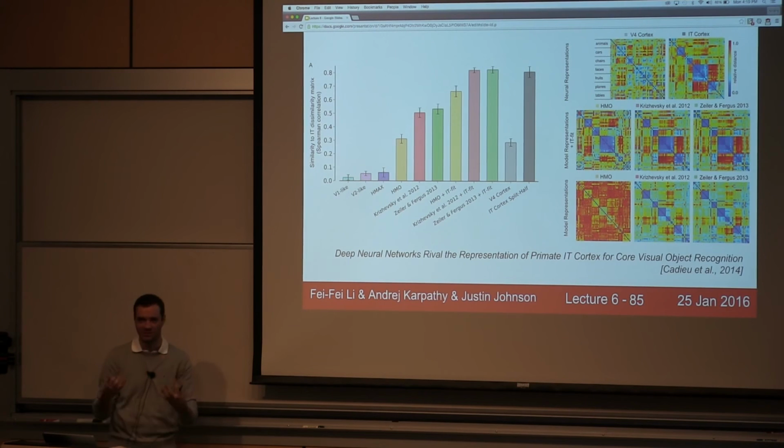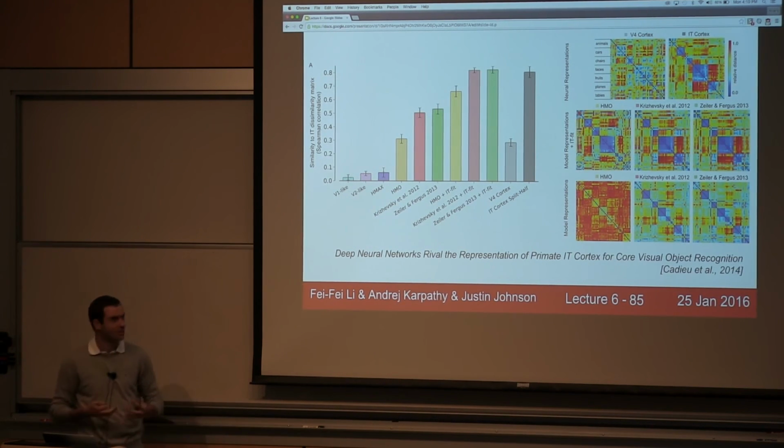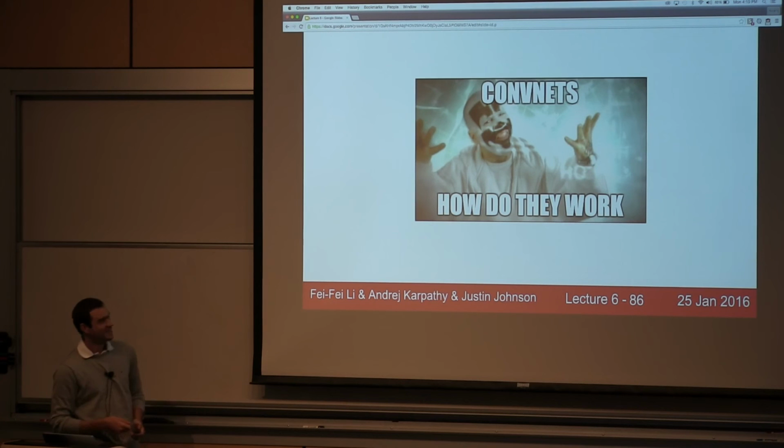There's a mapping between them. It almost seems like similar things are being computed. The way they arrange the visual space of different concepts, and what's close and what's far, is remarkably similar to what you see in the brain. So some people think this is some evidence that ConvNets are doing something brain-like, and that is very interesting. So the only question that remains in that case is, how do ConvNets work? And we'll find out in the next class. So that's it.